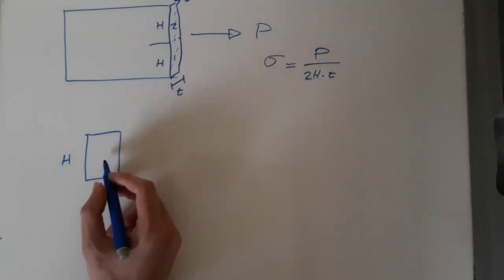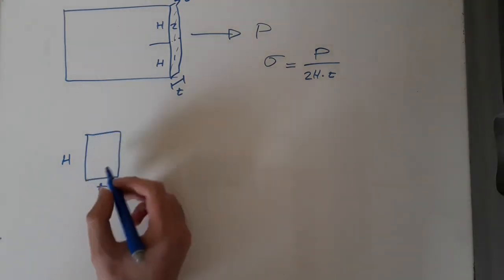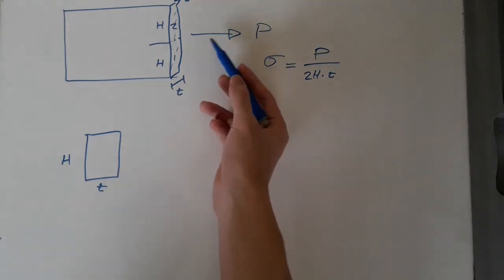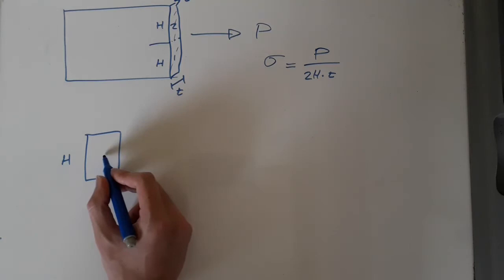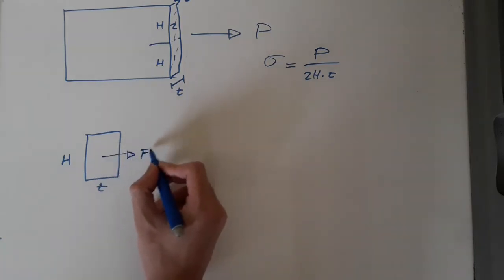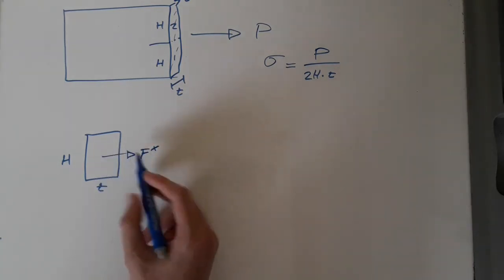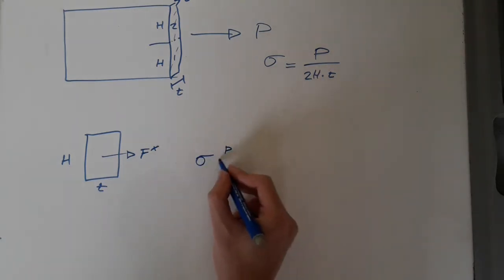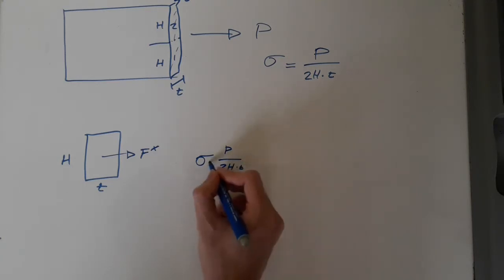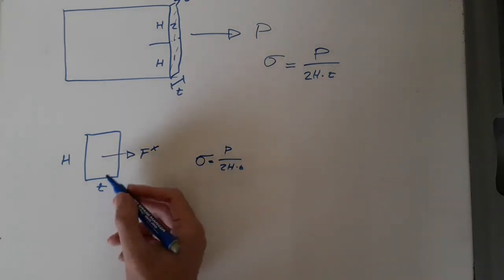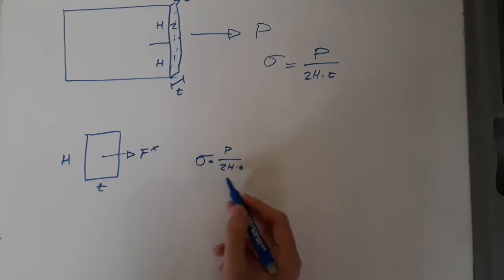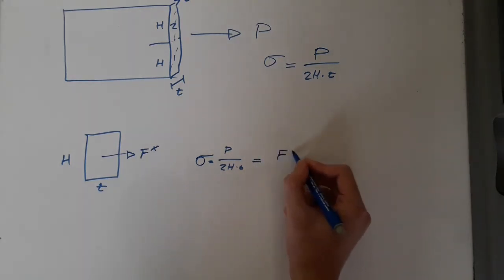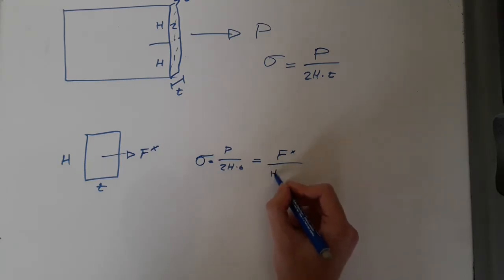If we were to analyze them separately, they would have to have all the same stresses, caused by this P. So you would have some force here, let's call that F star, and the stress caused in this element should be the exact same as this stress here, P over 2h times t. But obviously we don't have P acting on this surface, and we don't have the area being 2h times t. What we do have is the force F star acting on the surface area ht.